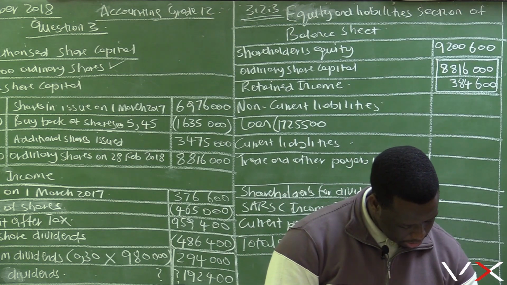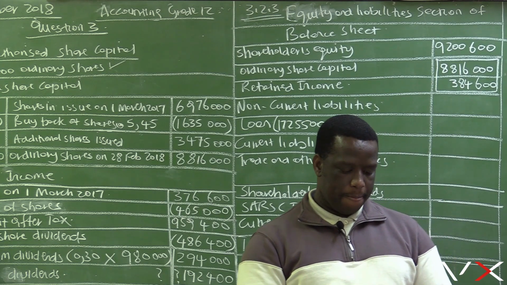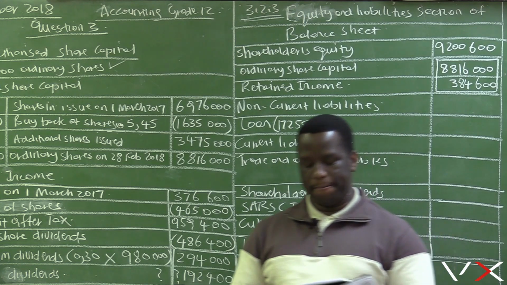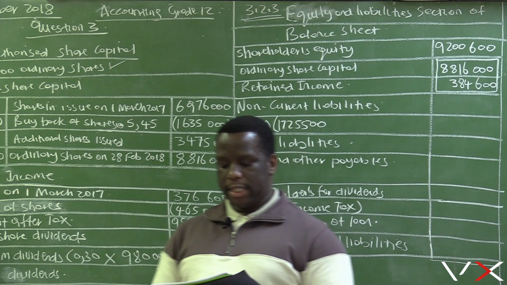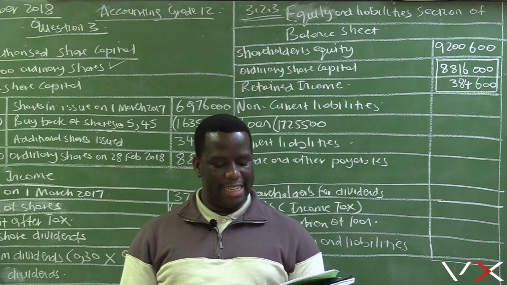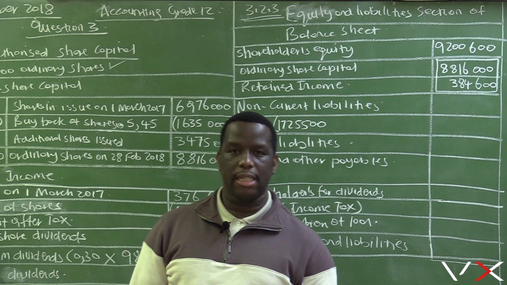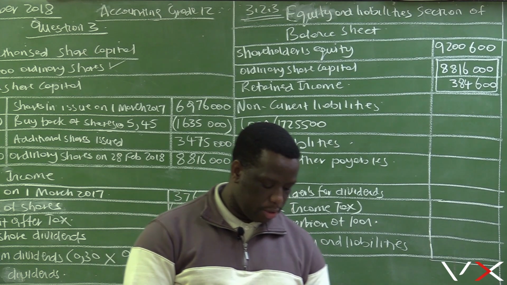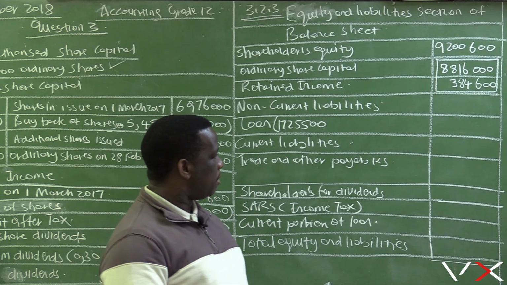There is a transaction that talks about loan, which is transaction E on page 9. It says loan LSO Bank. Fixed monthly repayments including interest are 31,600.